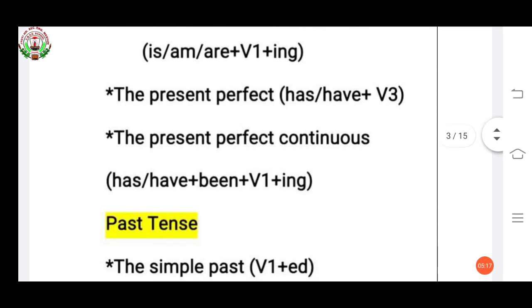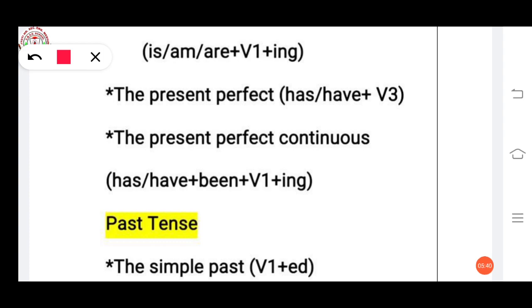Now see, the present perfect. The present perfect is used to talk about actions just completed, a just completed action in the past with a result now.